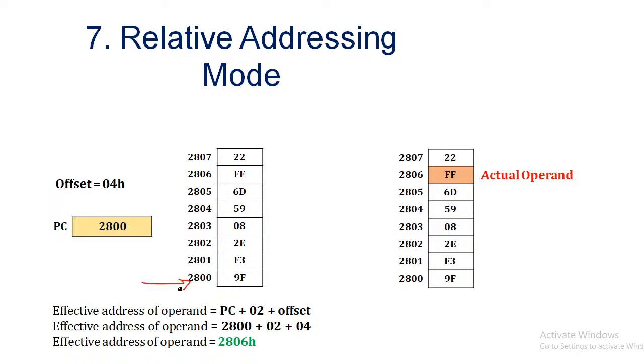Generally we take one instruction as a 2-byte instruction. So this 2 is added to the program counter, that is, this instruction is completed and you go for the offset of 4. Ultimately the location will be this one, so the operand will be this one. This is the way we calculate it.